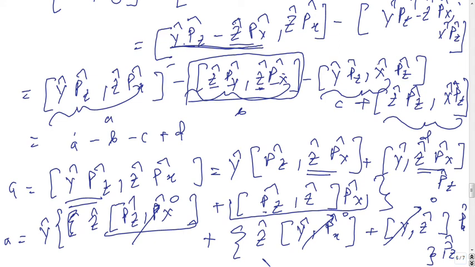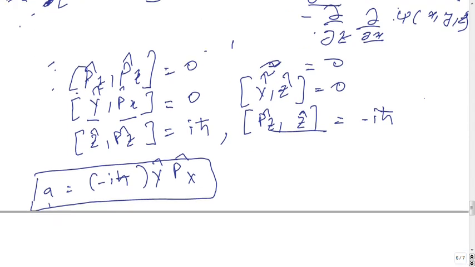And similarly, the same argument applies for the term C, where we can see the operators involved in this commutation all commute among themselves, that is the y operator, x operator, and pz operator. So the only term remaining to be evaluated is this term D. So let us do that.